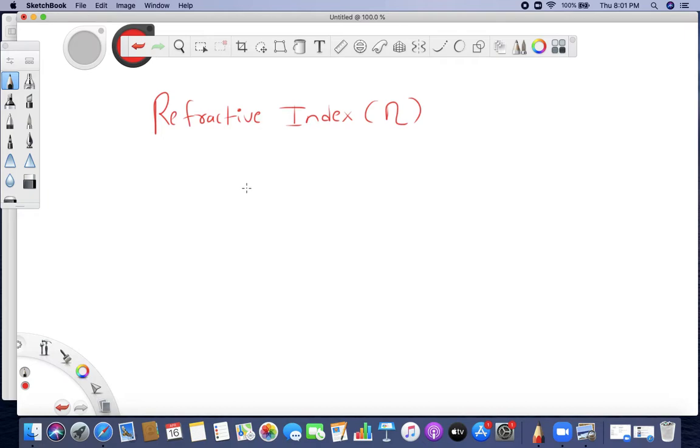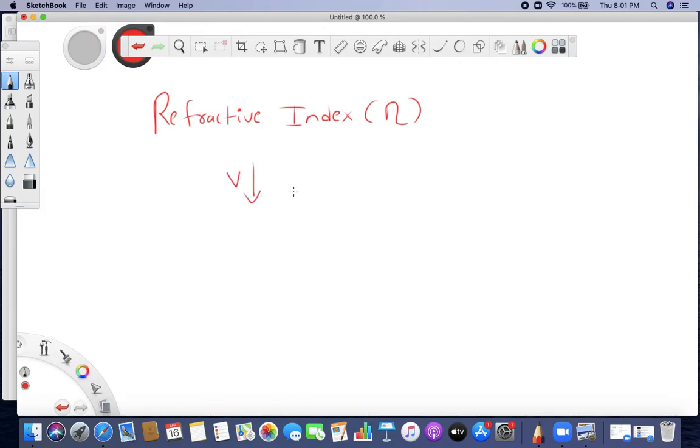If the density is more, the velocity is less. The same thing happens here. If the velocity is less, the refractive index will be more.